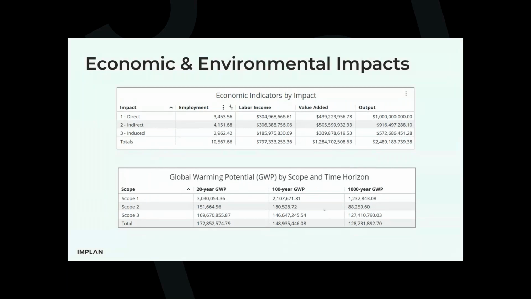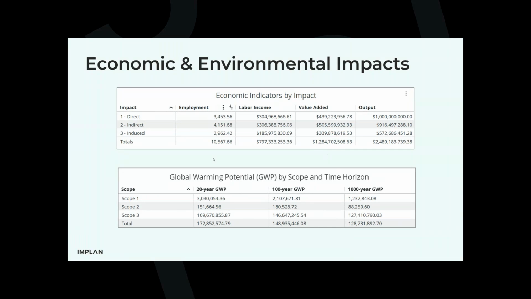When I run this impact with just that $1 billion in the data processing industry in South Dakota, I get this economic impact. This is the economic impact that you're accustomed to seeing in IMPLAN. Here we have that $1 billion of direct output from the data center. And from that, we get just under $500 million of value added or contribution to GDP. And then altogether, the contribution to GDP is about $1.3 billion.